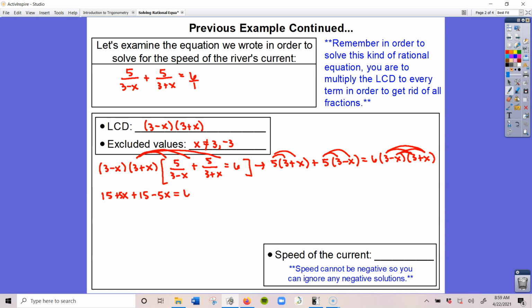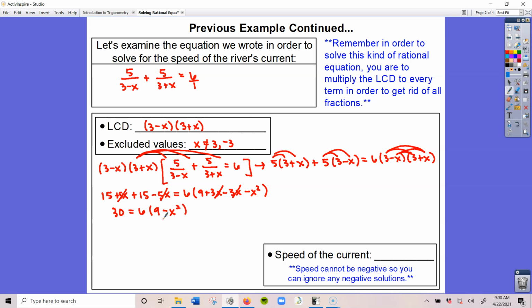And that's going to equal 6 times, now I'm distributing these binomials, so 9 plus 3x minus 3x minus x squared. Let's combine like terms. Here we have 15 plus 15, which is 30, and these 5x's would cancel. And that's going to equal 6 times 9, these 3x's would cancel, minus x squared.